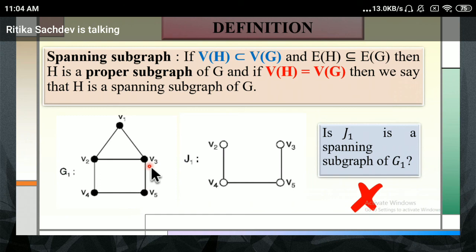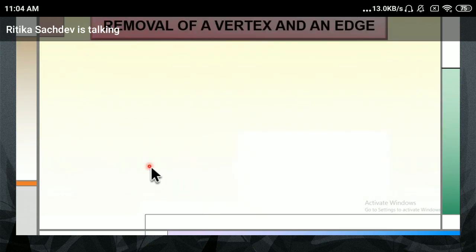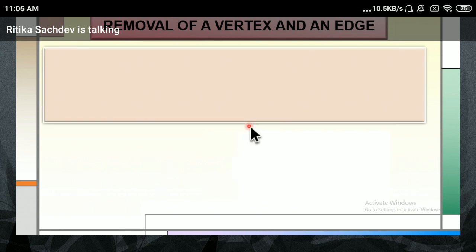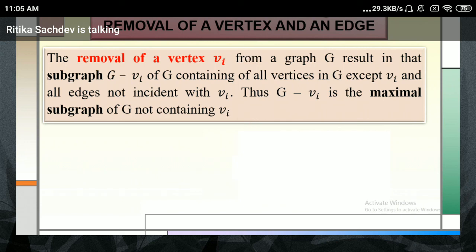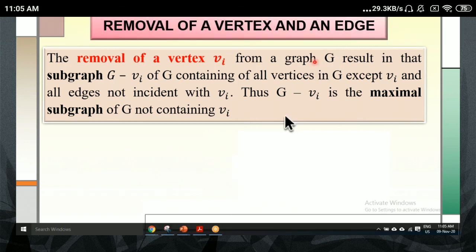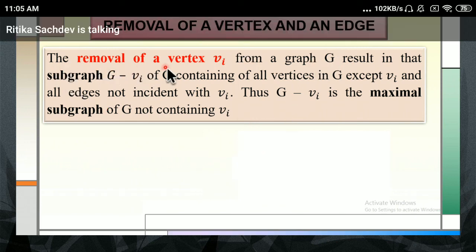Then we're proceeding further with, if I remove a vertex or an edge from a graph, then what is going to happen? This says the removal of a vertex Vi from a graph G results in the subgraph G minus Vi of G containing all the vertices in G except Vi.